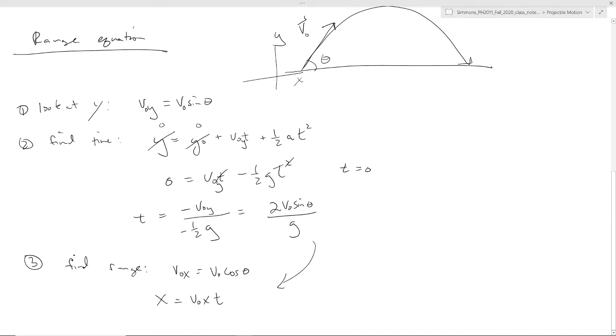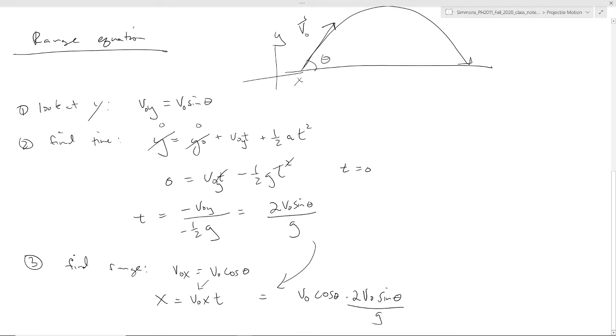We found the time up here, so we can substitute that in, and we'll substitute in our v naught x as well. So we'd have this combination: v naught cosine theta times 2 v naught sine theta over g.